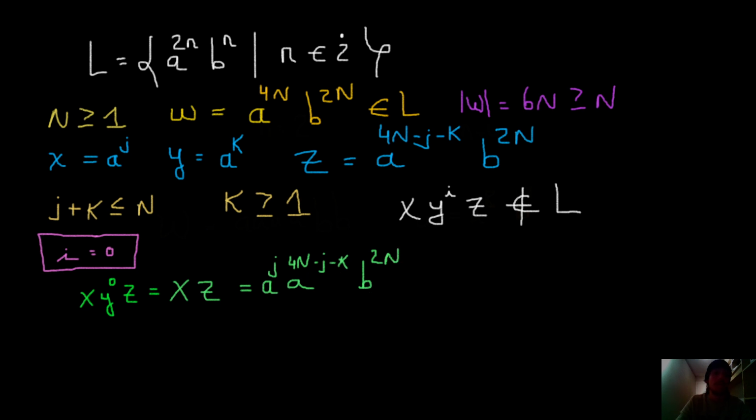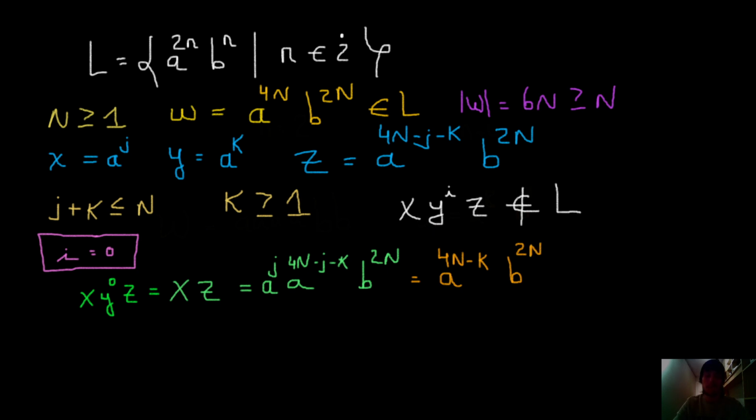We can simplify this, as we can see. This j with this j disappears, right? So we have a raised to 4n minus k concatenated with b raised to 2 times n. So we have this resulting word.